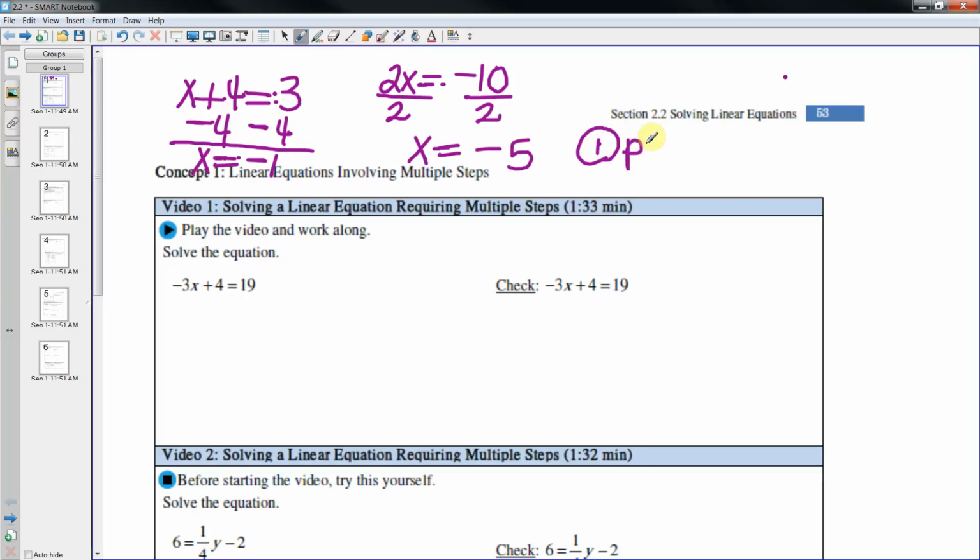I want us to put our variables on one side of the equal sign.